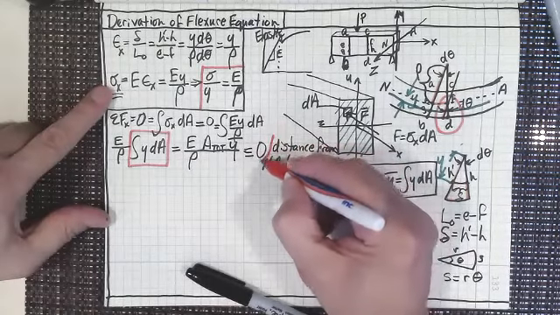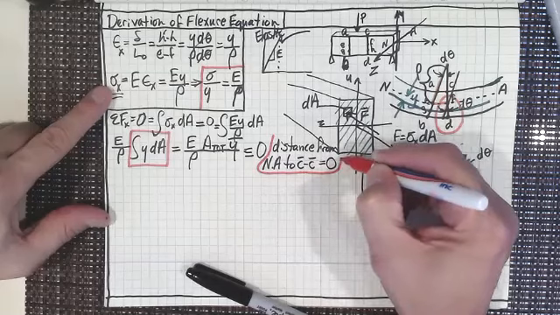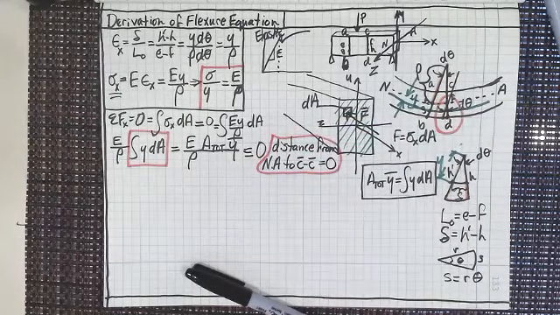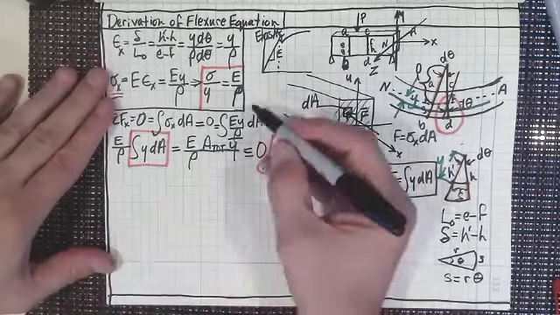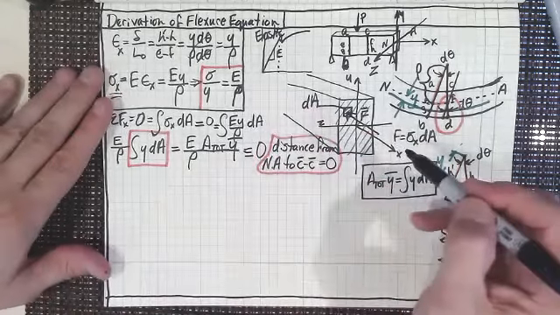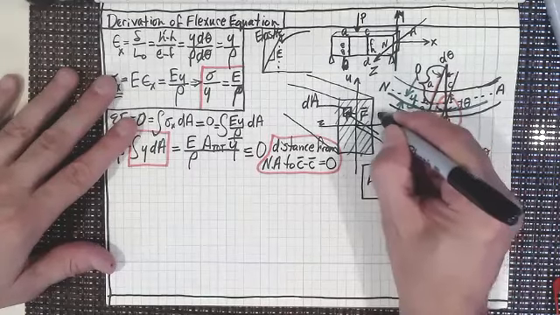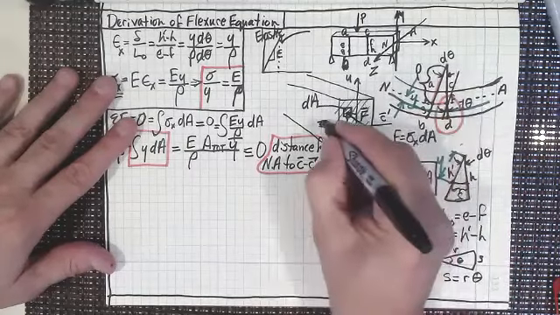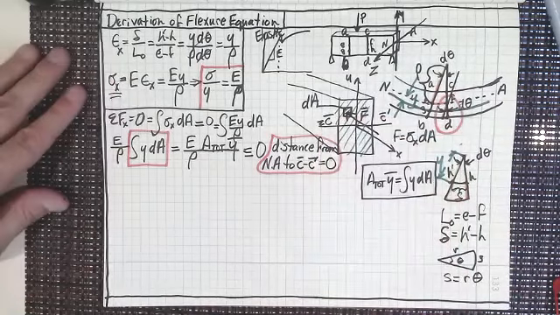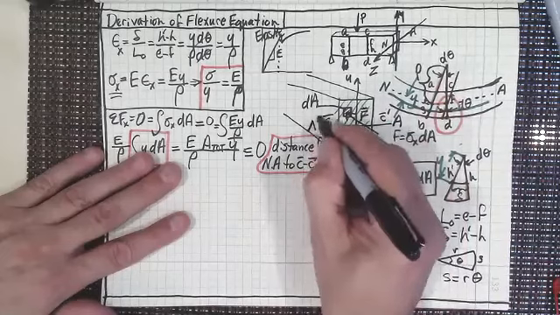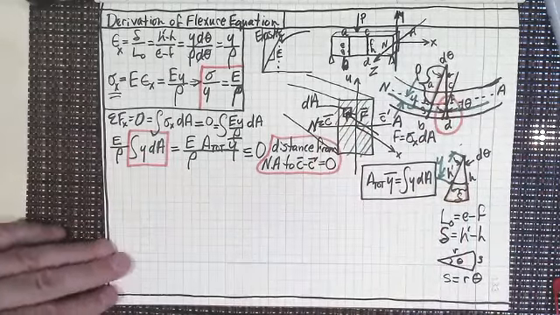This is the result of what we've just done. We've just proven that the neutral axis has to be the centroidal axis. So this is my centroidal axis, and it also is the neutral axis, because the neutral axis is the centroidal axis.